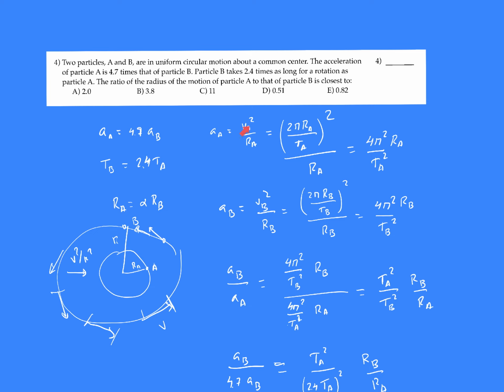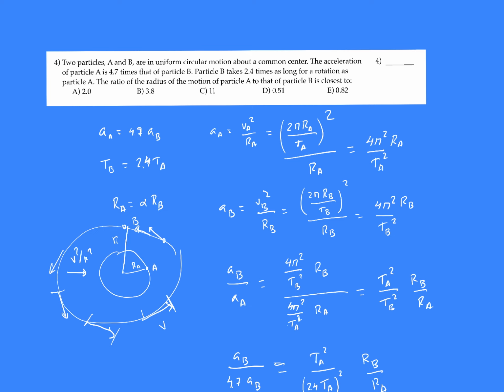The acceleration of A is VA squared divided by the radius RA. What is VA? Because it moves with constant velocity, VA is the distance that it traveled divided by the time it took in one revolution. The distance traveled in one revolution is 2 pi RA, the length of the circle, and the time that takes to make one revolution is T sub A. The period is the time that takes one revolution.